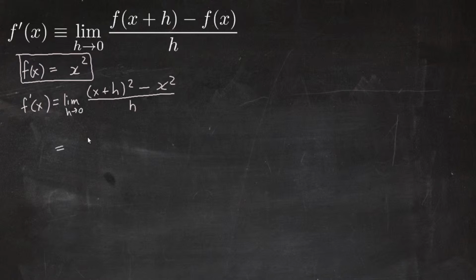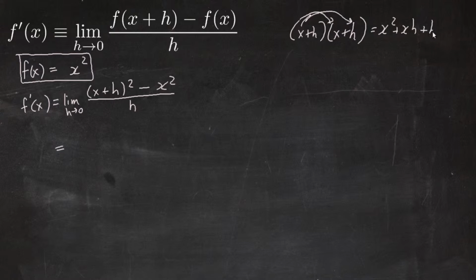So let's multiply this out. That's x plus h times x plus h. We remember we can FOIL that. I'm going to take the first times the first, and that'll give me x squared. The first times the last, the outer, that'll give me xh, plus hx for the inner, plus h squared for the last terms.